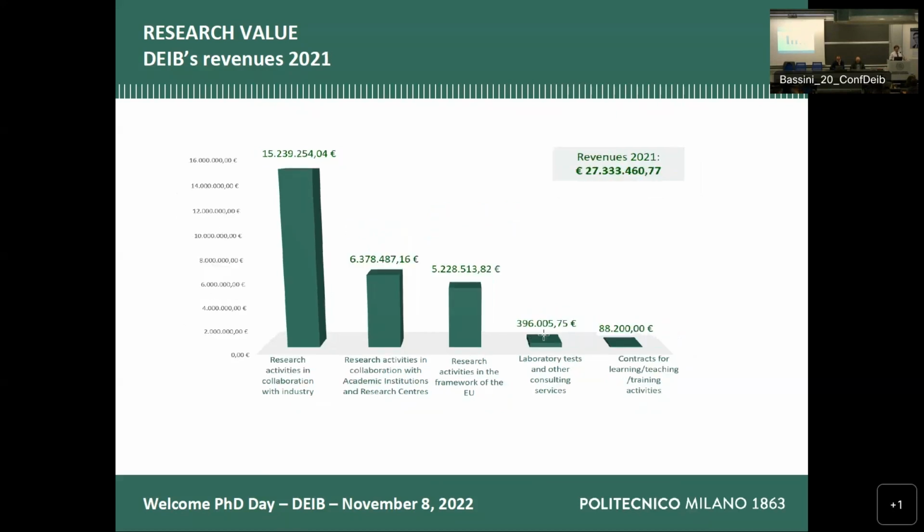This is the same slide, but it is related to last year, 2021. We have the best values if we consider the previous year. So we reached 27 million euros of income, also related to research activities with industry and the European Commission and other academic institutions and research centers.